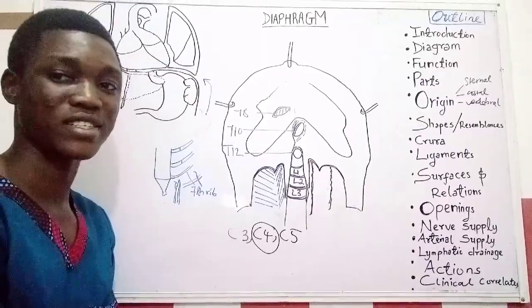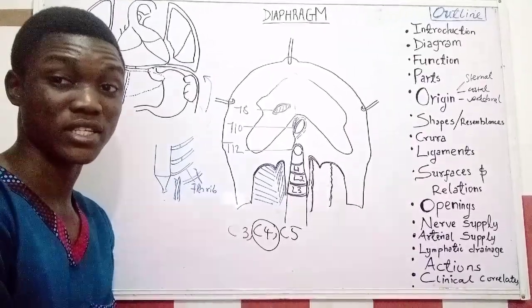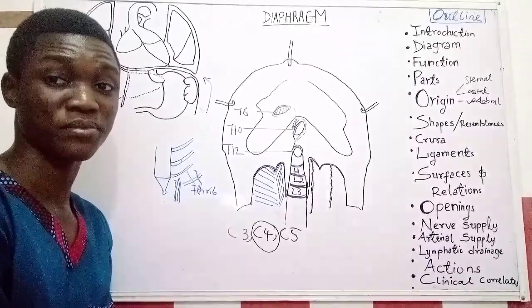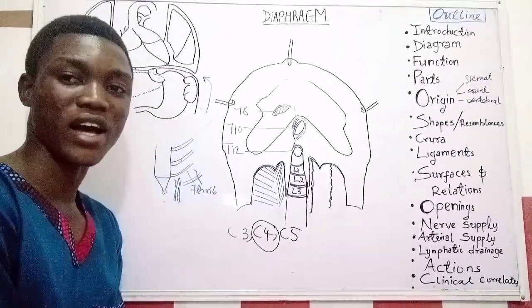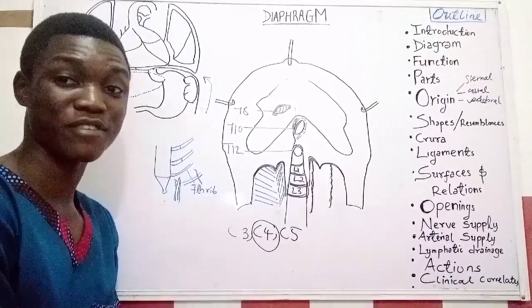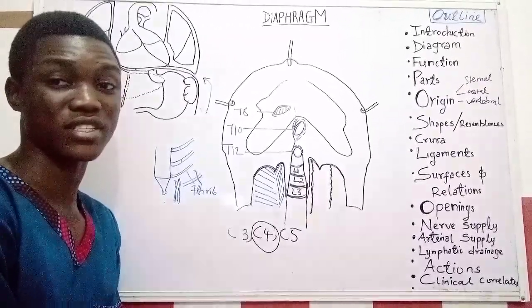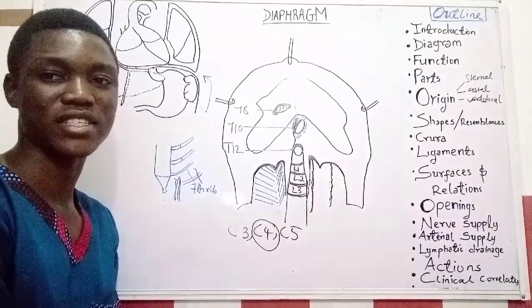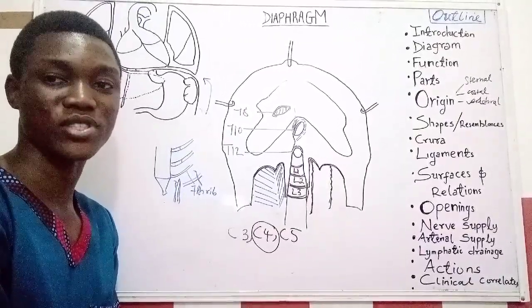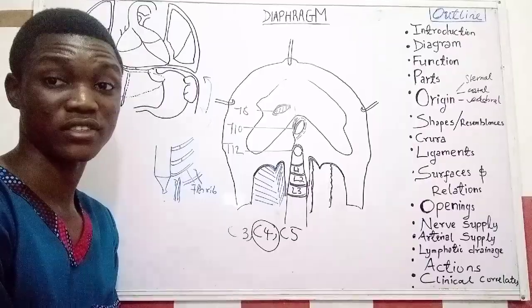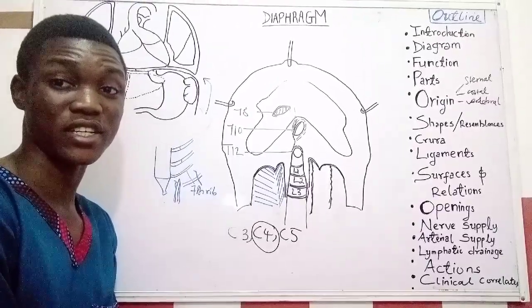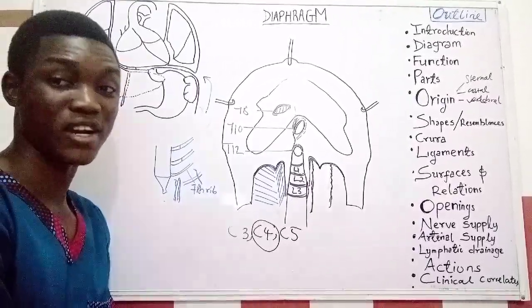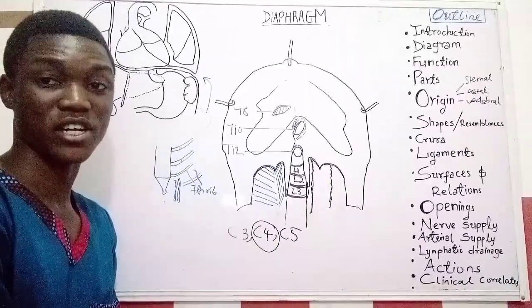They are located around the aortic orifice. We have the right diaphragmatic lymph nodes, which drain the right of the diaphragm, and are located around the inferior vena cava opening. The left diaphragmatic lymph nodes are located around the esophageal orifice.